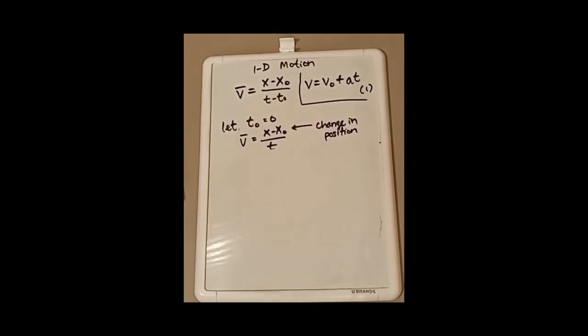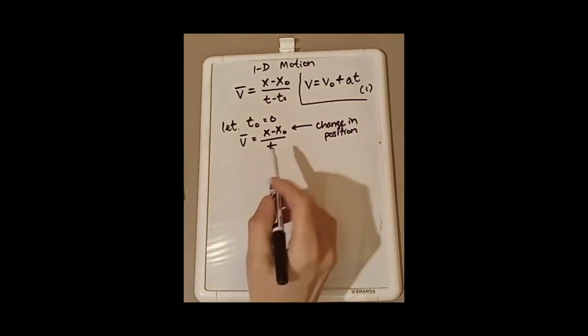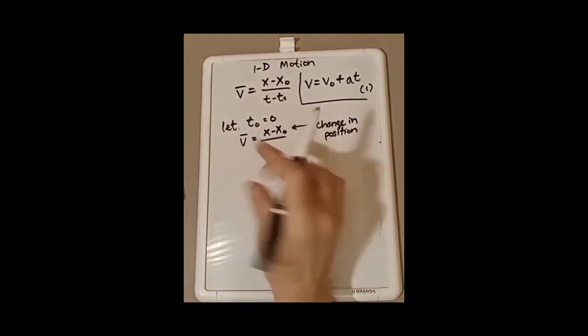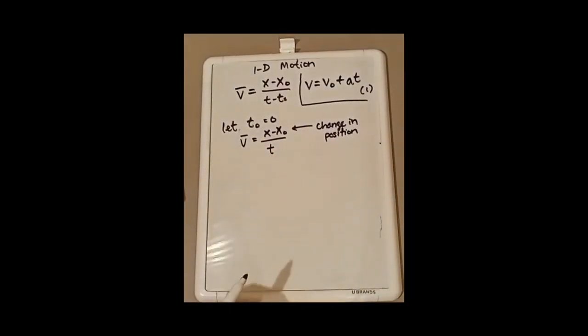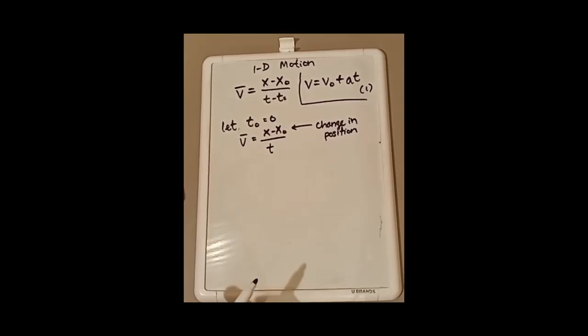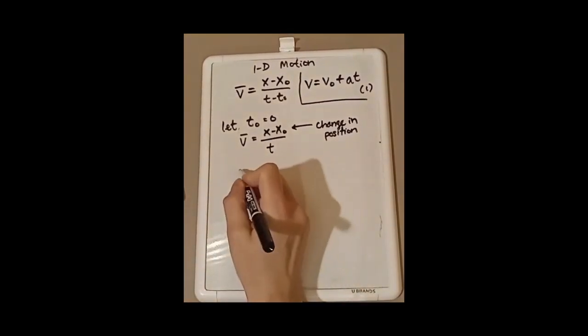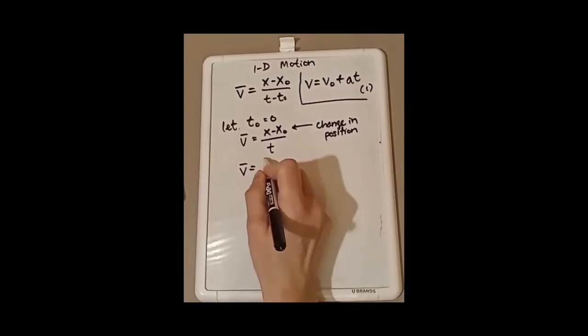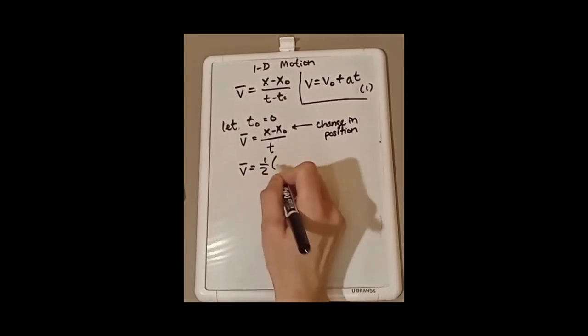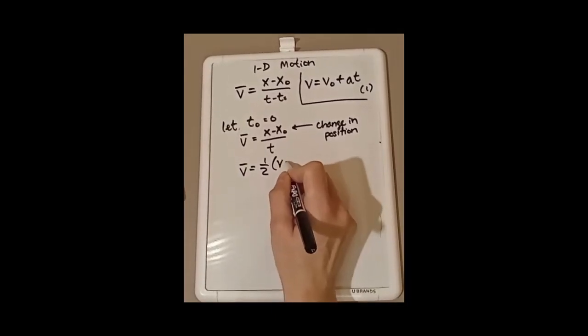And when we let t naught equal 0, we have x minus x naught divided by t, and that's our average velocity. We can also write average velocity as 1/2 (v plus v naught).